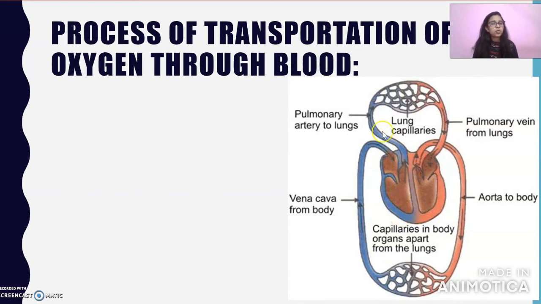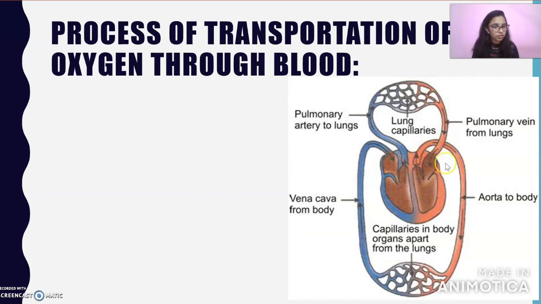Then it goes to the lungs for getting oxygen, entering the lungs with the help of pulmonary arteries. Then the lungs give oxygenated blood through pulmonary veins.